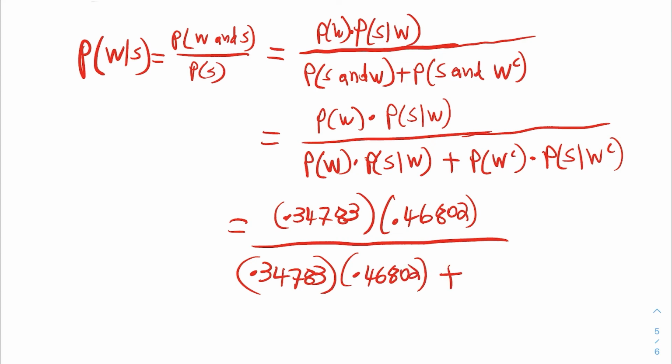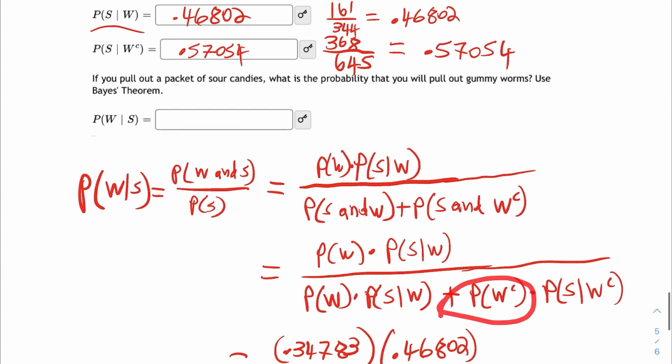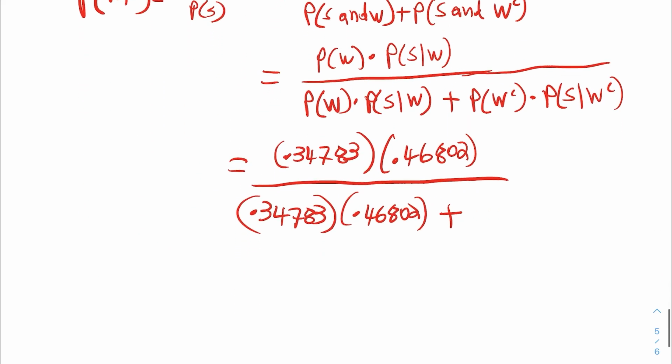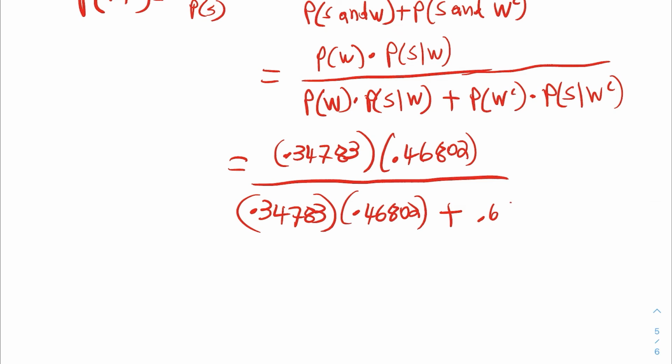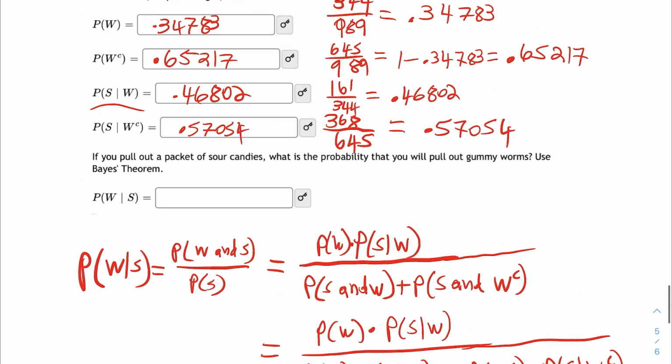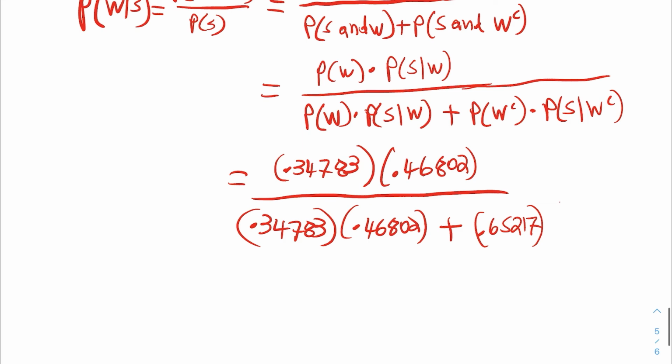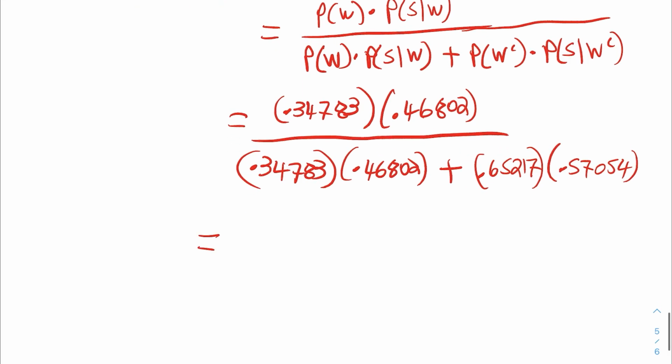And then this last one is the probability of not a gummy worm, 0.65217, multiplied by the probability of being sour given that you're not a gummy worm, which is 0.57054. And then we just do this calculation.